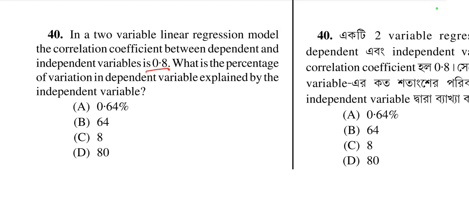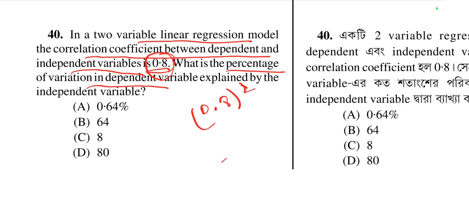That is 0.8 square. 0.8 square is equal to 0.8 into 0.8, which means 0.64, that is 64%. So 64% of the variation in dependent variable is explained by the independent variable. So option B is the right choice.